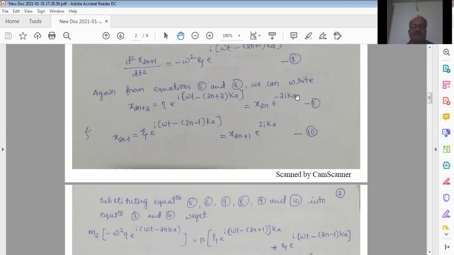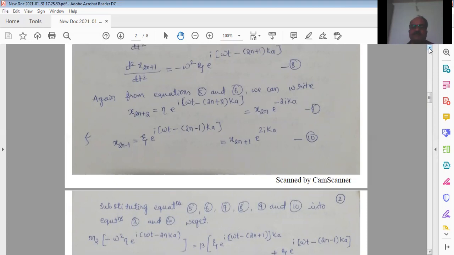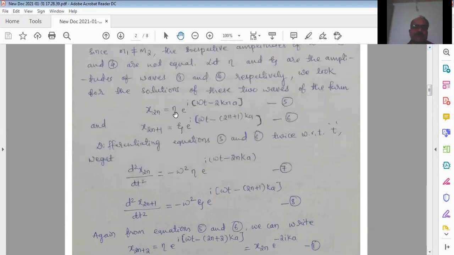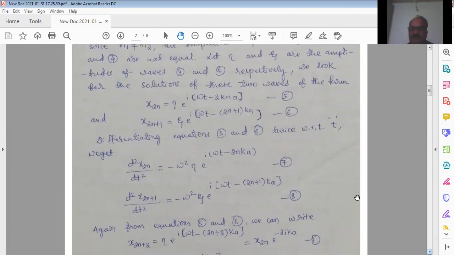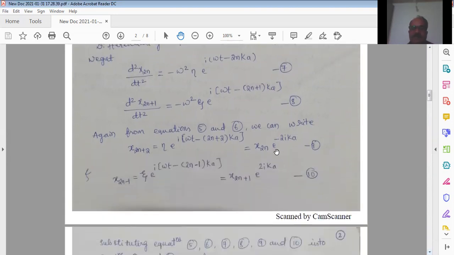So x2n represents this part, and the remaining is e to the power minus 2ika.